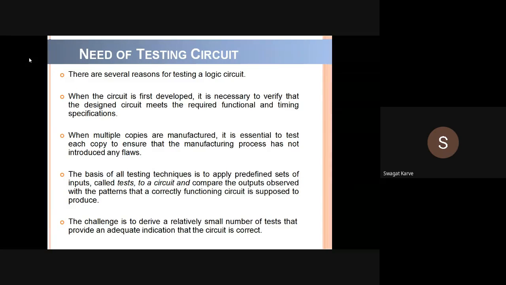बरोबर आहे. मग असे तुम्ही किती टेस्ट सेट देऊ शकता and you have to check the output. You have to check the output pattern. And for all test sets, if you are getting the proper output or the expected output, then you can say that the manufactured IC is faultless or flawless and it is working properly.